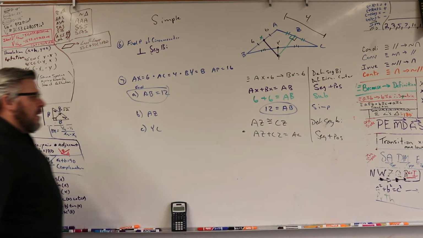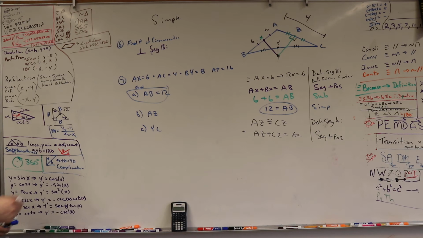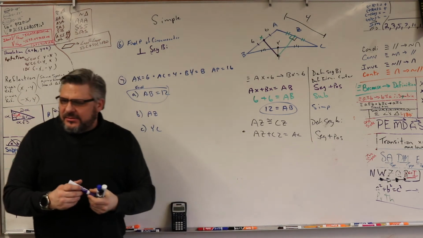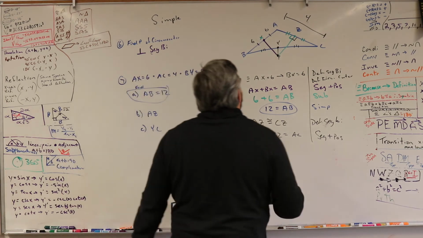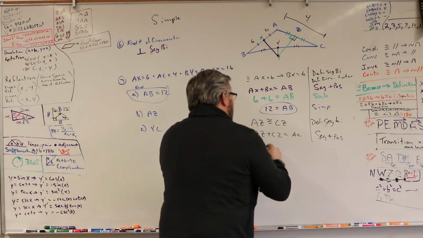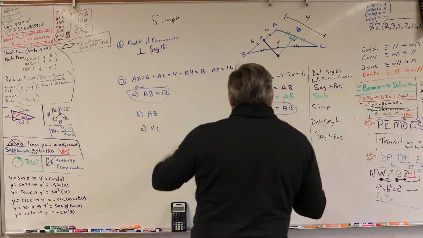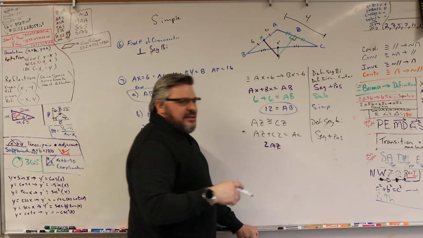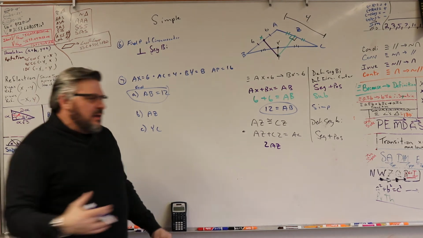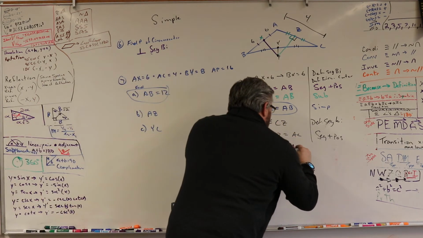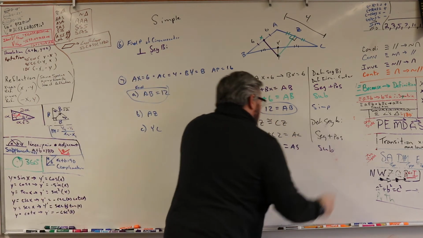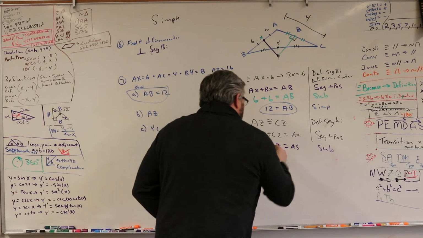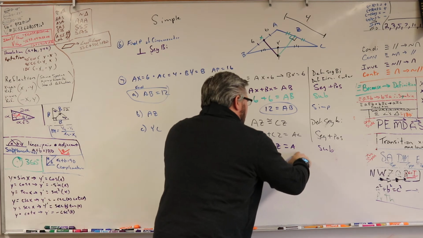Now, we can substitute in one of these AZs. Which one are we looking for? AZ. So we'll just say 2 of these AZs: AZ plus AZ equals AC, substitution. Then I can plug in the AC.